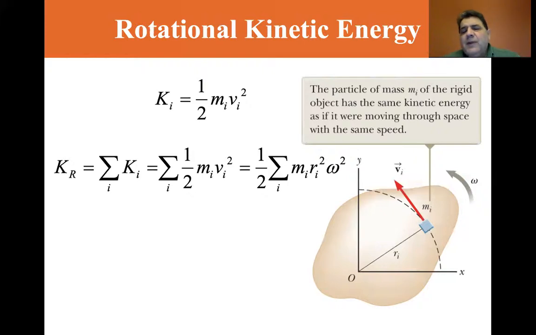Now, why isn't there an omega i squared? Because if it's a solid object, all of the omegas are the same. The angular velocity is the same. The tangential velocity will vary as you go further out. The tangential velocity will increase, and as you go further in towards the origin, the tangential velocity will decrease. But the angular velocity is the same for all particles.